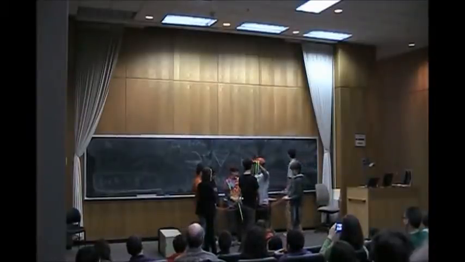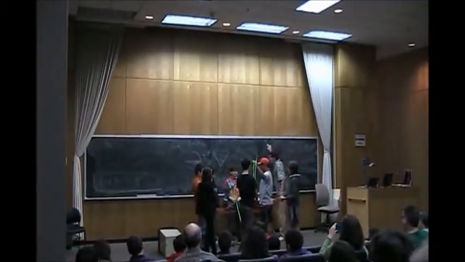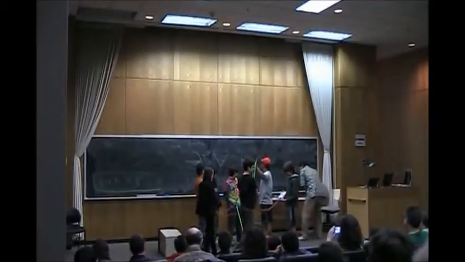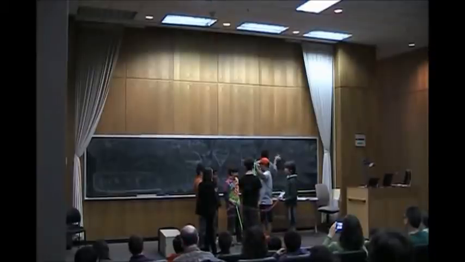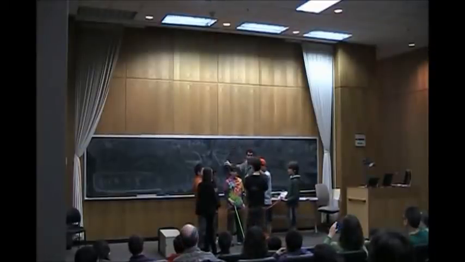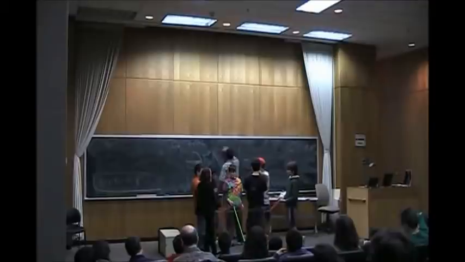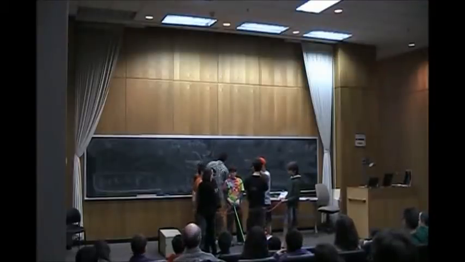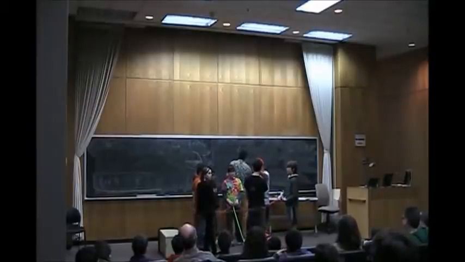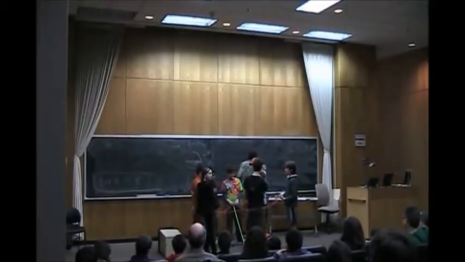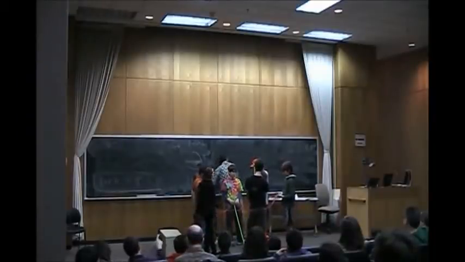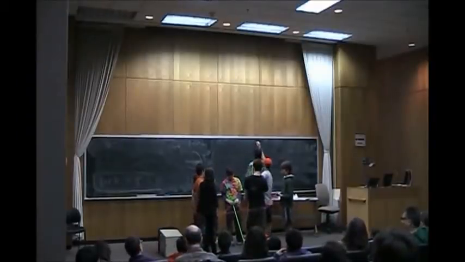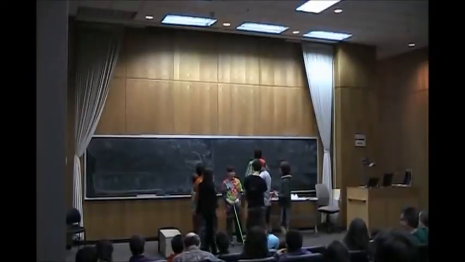So, let's collect some data for you. How many volunteers did I ask for? 6. So how many vertices do we have? V is 6.